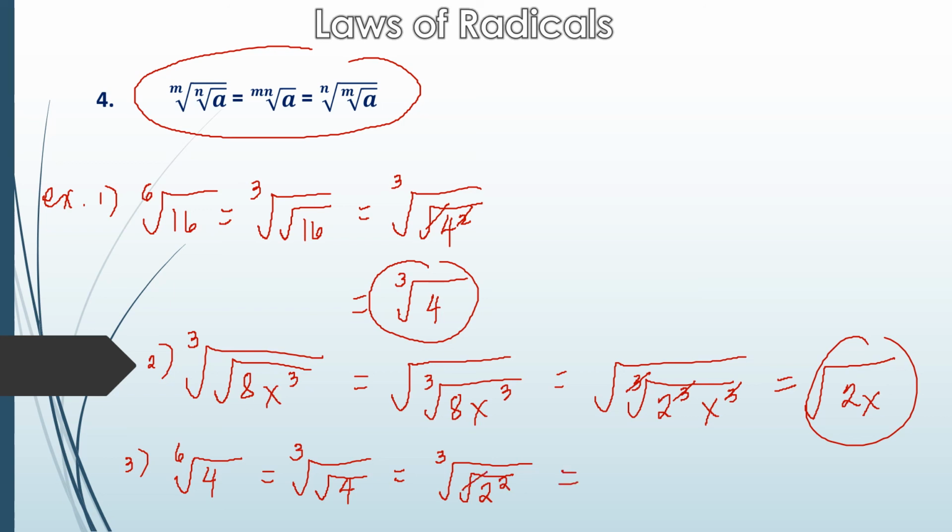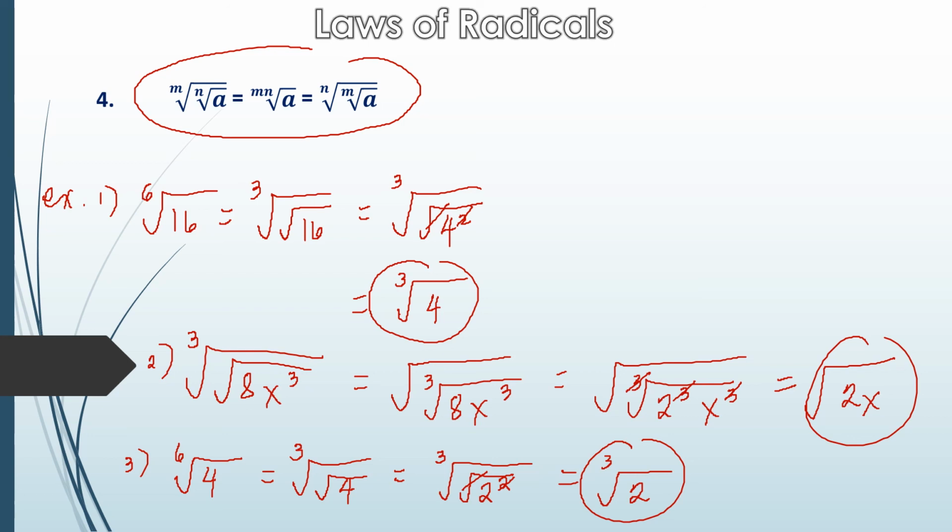And then we can cancel the index and the exponent since they are equal by applying the first law of radical. So we now have the cube root of 2. Therefore, the sixth root of 4 is equal to the cube root of 2.